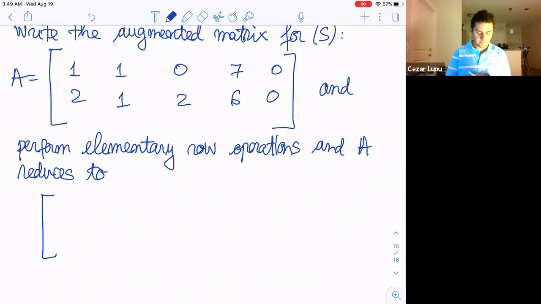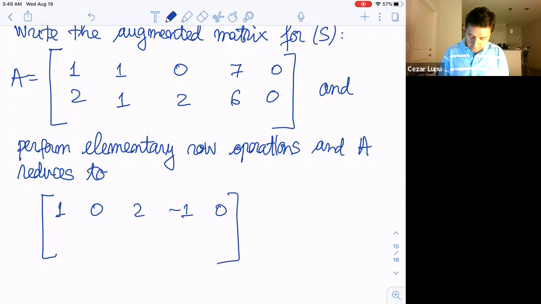Let me see. This example, so that I don't have to do all the computations. Okay. So this will be 1, 0, 2, negative 1, 0, 0, 1, negative 2, 8, 0. Okay.